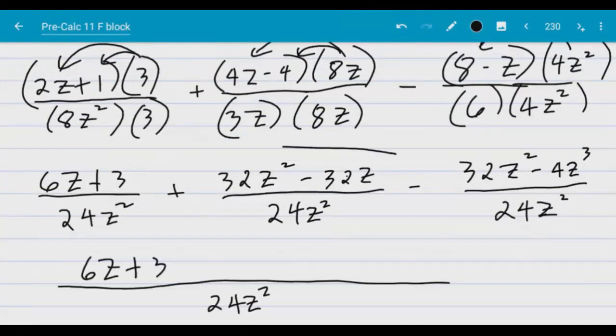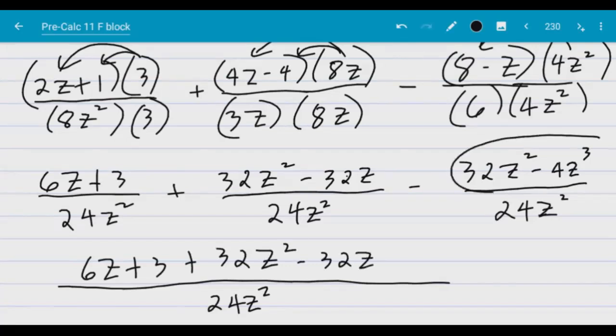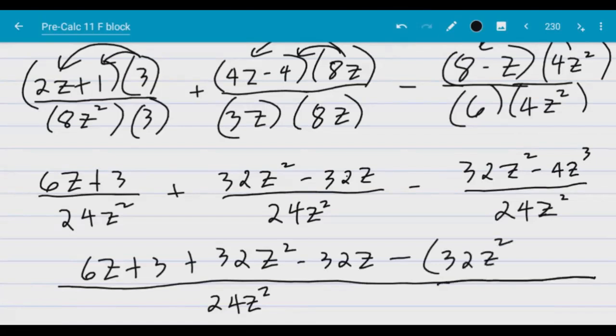The second one, I will copy: plus 32z squared minus 32z. Third one, I will copy, but I am going to put a subtraction symbol in front of it: minus, 32z squared minus 4z cubed.